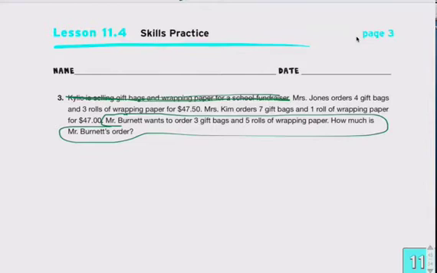Mrs. Jones ordered 4 gift bags and, "and" means plus, 3 wrapping papers for this much. So 4 gift bags, 4 times the price of each gift bag, x. So 4 times the price of each gift bag will tell me the cost of the 4 bags. Then x means the price of each gift bag.